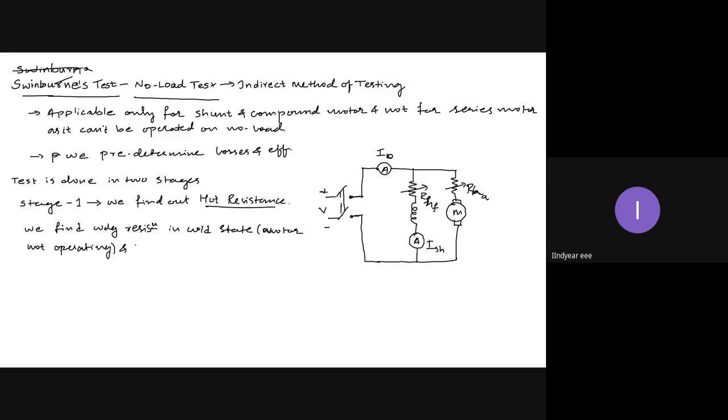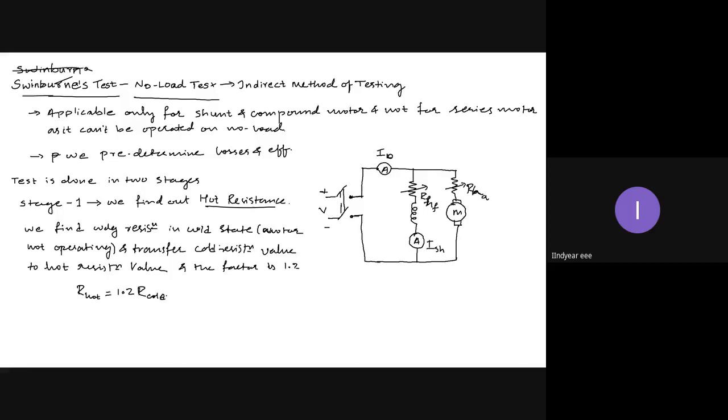And transfer the cold resistance value to the hot resistance value. And the factor is 1.2. That is, R hot is equal to 1.2 times R cold.